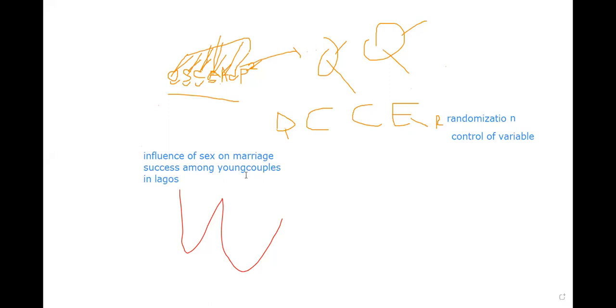All right, so like she said, your independent variable doesn't depend on anybody; in fact, it is the one that is causing that.